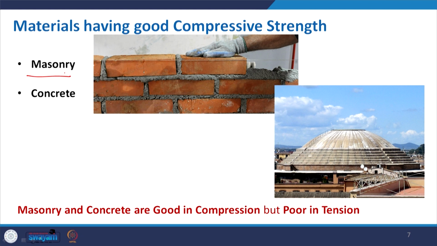The mortar can be lime mortar, or nowadays, after the invention of cement, it is cement mortar. Next, concrete without reinforcement, that is, plain concrete. Plain concrete has good compressive strength, so if you use a concrete block, it can really give you enough compressive strength.